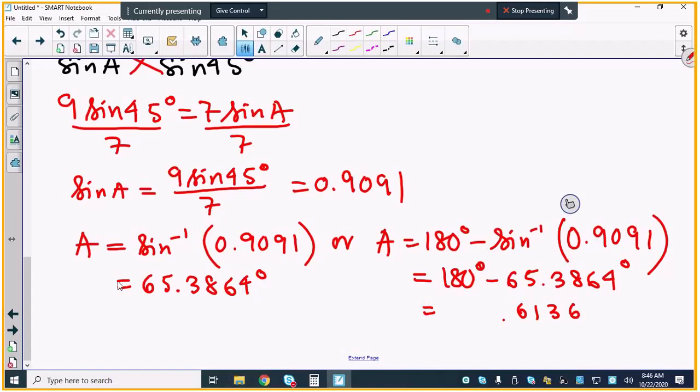And this is on the other side, 9 minus 5 is 4. And 17 minus 6 is 11. So 114.6136 degrees.